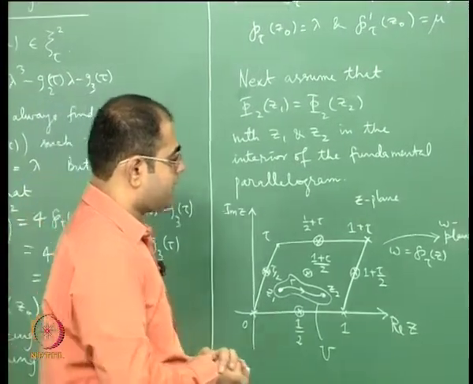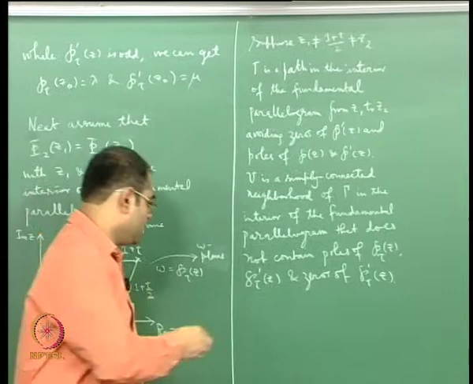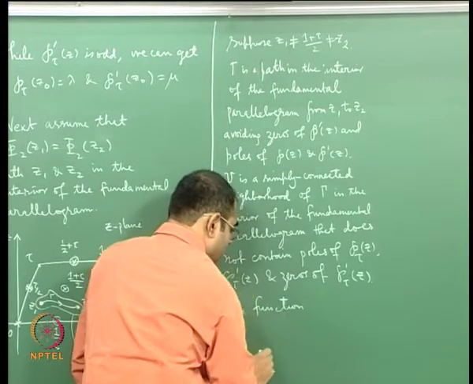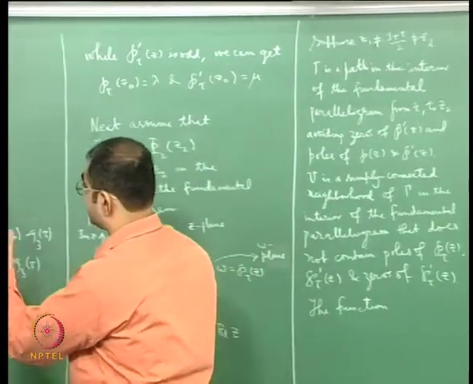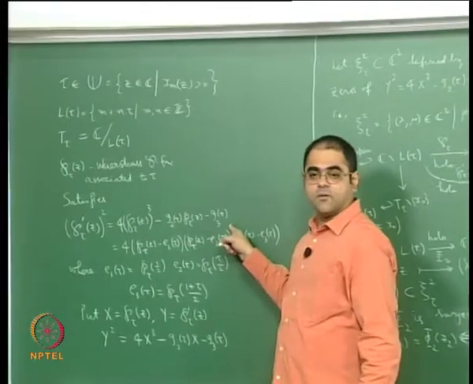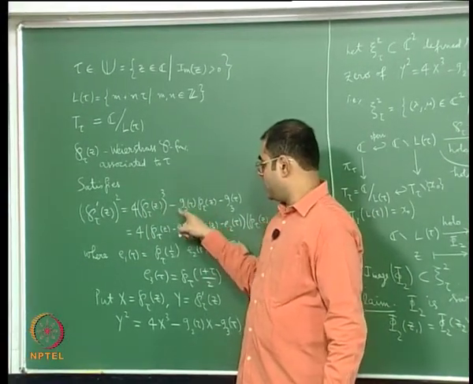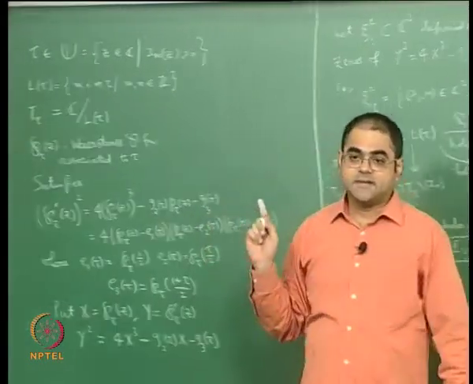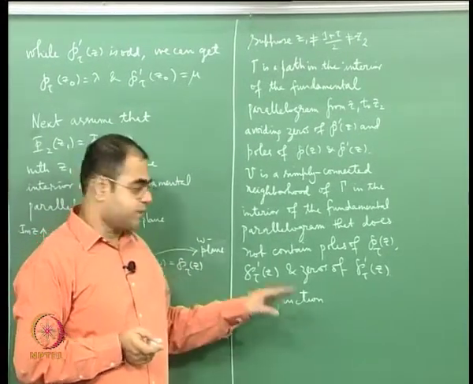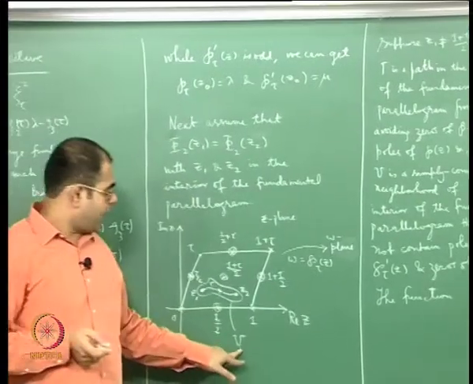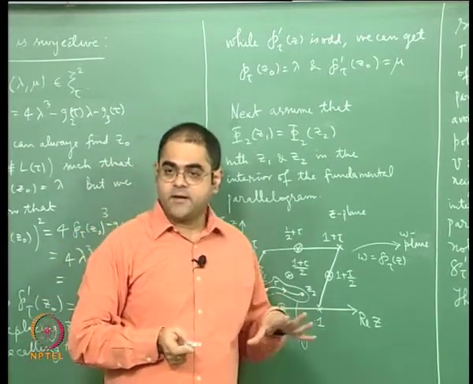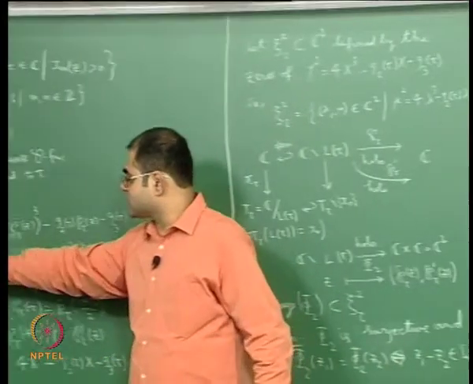Now if you look at the function given by the right hand side of this equation, namely 4 phi tau Z cube minus g2 tau phi tau of Z minus g3 tau, that function is an analytic function on U, and the point is that it does not vanish, because where it vanishes are exactly the zeros of phi prime tau, which you have avoided.